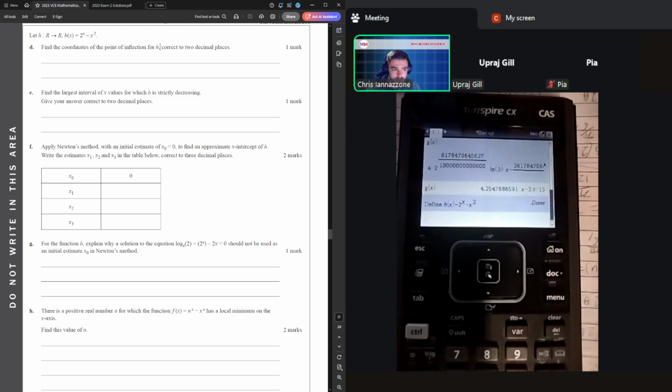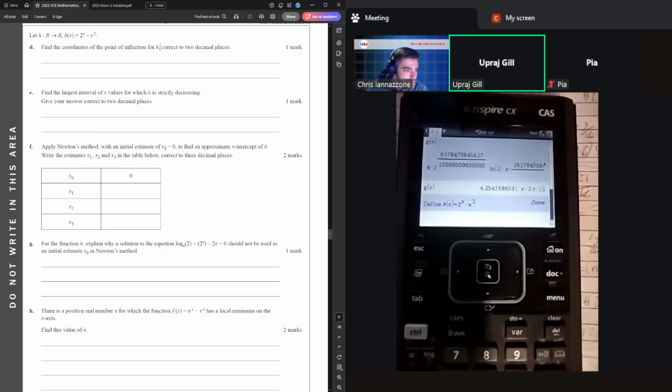So when you're doing the tech active in Methods, you probably want to double check that with the graph as well. But yeah, double derivative being zero will sort you out in most cases. Yeah, that's it. I got x, well, I still need to put x back into the thing.